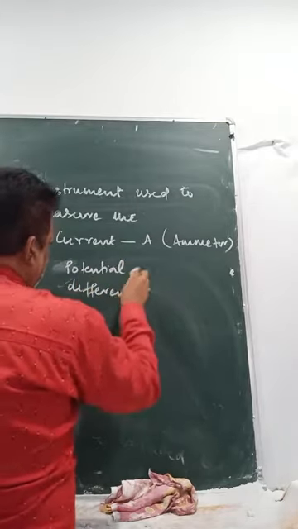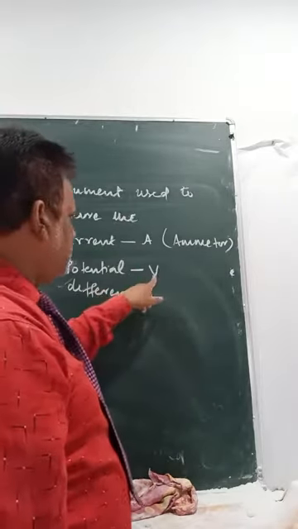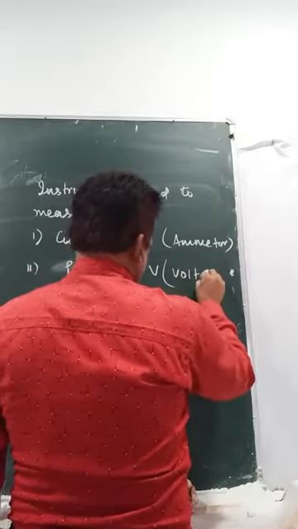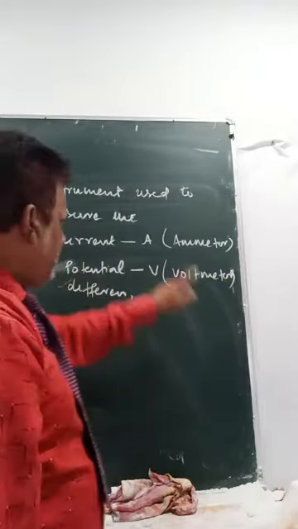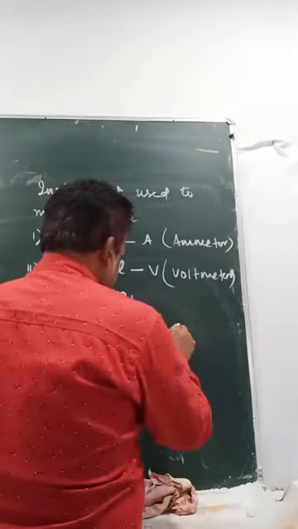Potential difference is measured by an instrument symbolized as V, that is the voltmeter. Measuring a current, or detecting a current, is different. Suppose there is a wire.